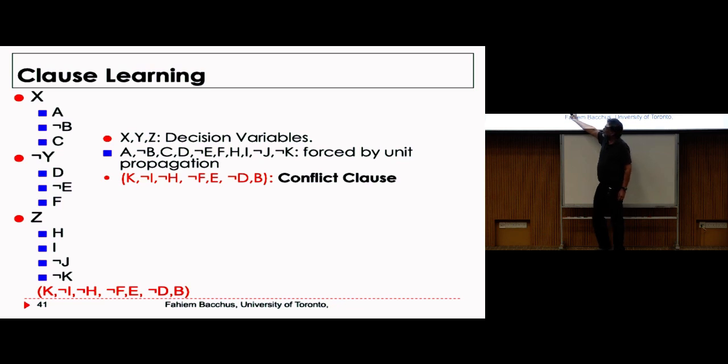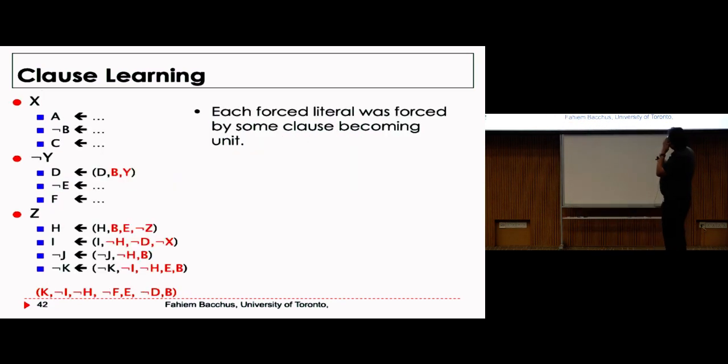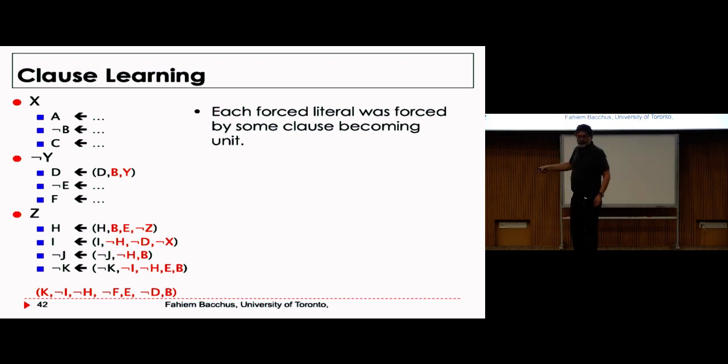Okay? So all you can see for every one of these, one of its negation has been set. Okay? So now what we know is that when we do unit propagation, we keep track of the reason why every literal is unit propagated. So each of these unit forced literals has a clause associated with it as being the reason why that clause became unit.